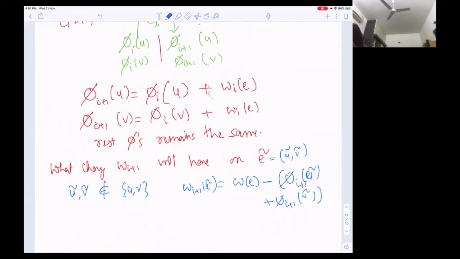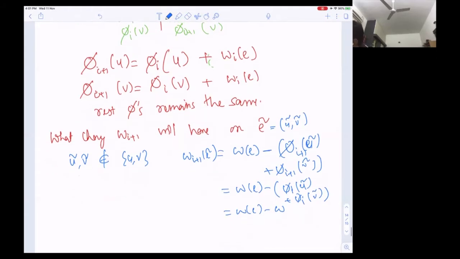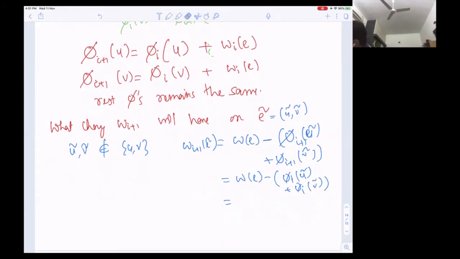But this is the same as the weight of E minus phi I of U tilde plus phi I of V tilde, which is the same as weight I of E tilde. This is what we expect.